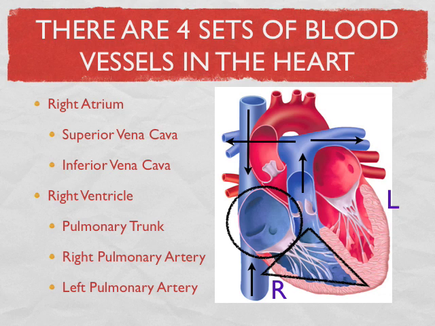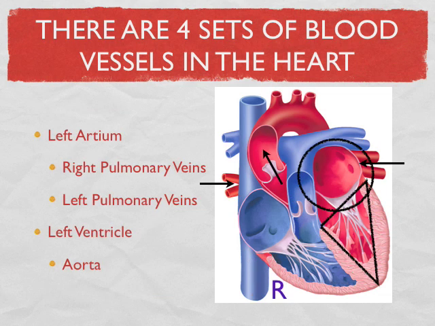The reason this is blue is, of course, because the oxygen is out at the lungs. This is the blood that is returned from the body, and I'm pumping deoxygenated blood to the lungs. The heart doesn't give it any oxygen. Color doesn't change here in the heart. I have to pump that blood out to the lungs to pick up new oxygen. So that's the right side: 2 sets, a set of veins and a set of arteries.